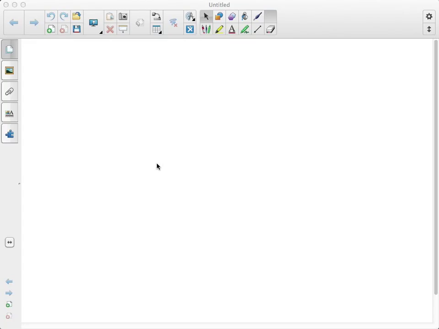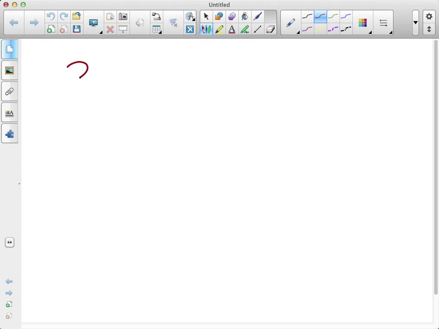Notation. Like all good notation, exponential notation is there to save us writing. So, if we wanted to write 3 plus 3 plus 3 plus 3, add a bunch of 3's together, it gets really tiring, especially if you have 10 or 15 3's.